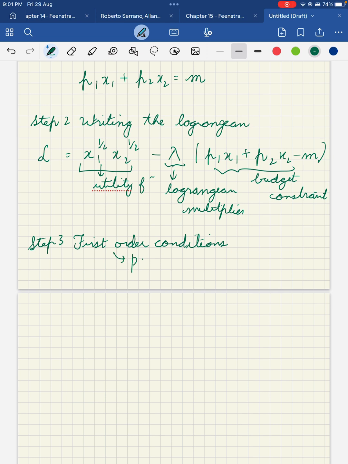I change the colors and then I take the partial derivatives. So my first partial derivative is with respect to commodity x1. So I take del L by del x1.